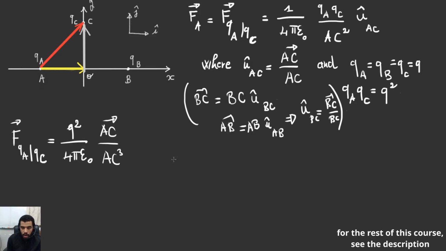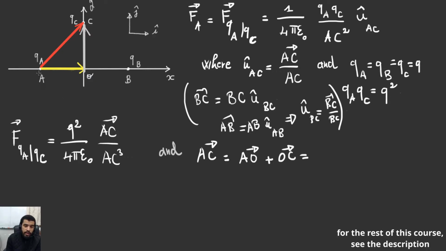Okay? And the vector AC itself equals AO plus OC.